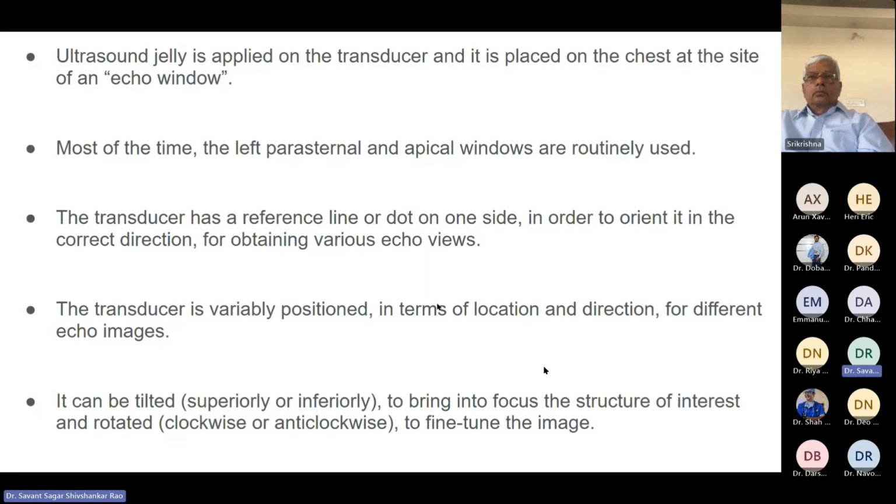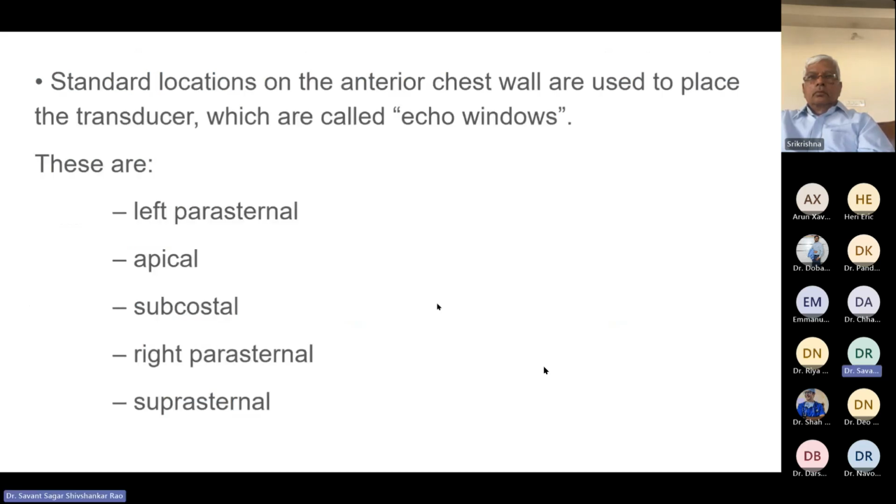It can be tilted to bring into focus the structure of interest and rotated clockwise or anti-clockwise to fine-tune the image. Standard locations on the anterior chest wall are used to place the transducer, which are called echo windows, that is left parasternal, apical, subcostal, right parasternal, and suprasternal views.